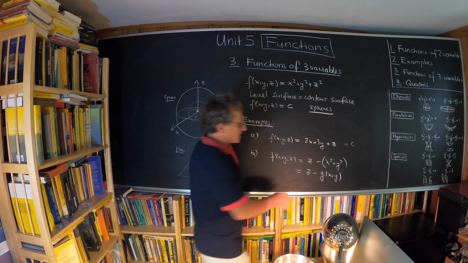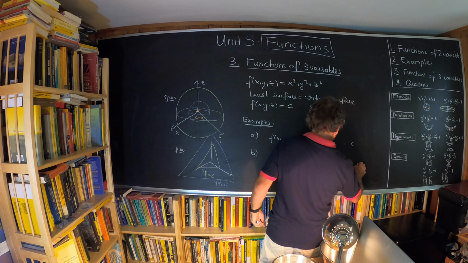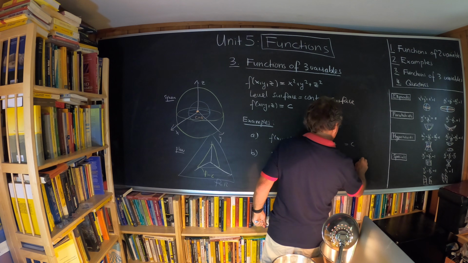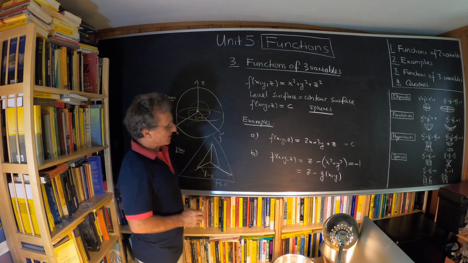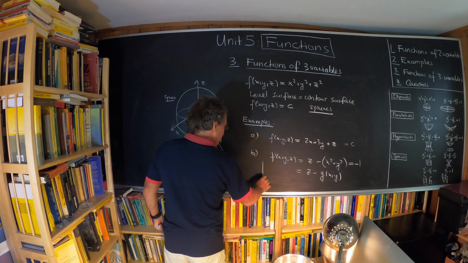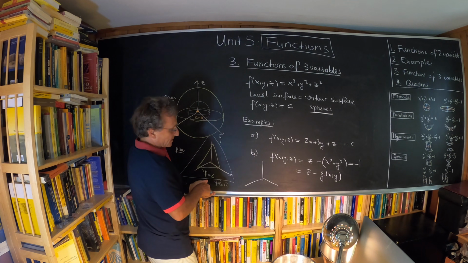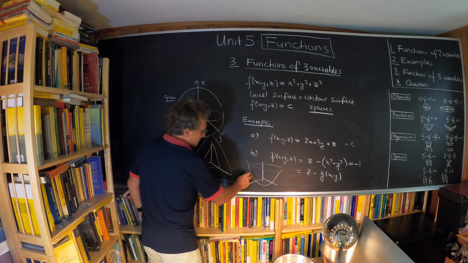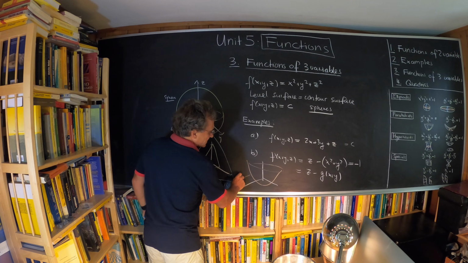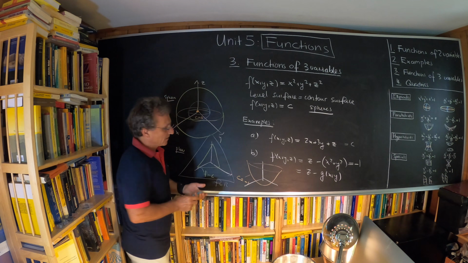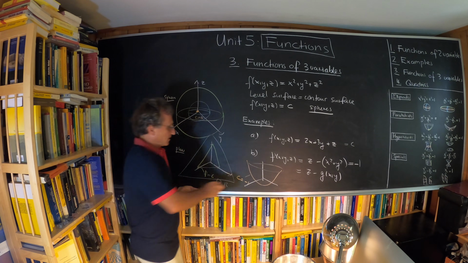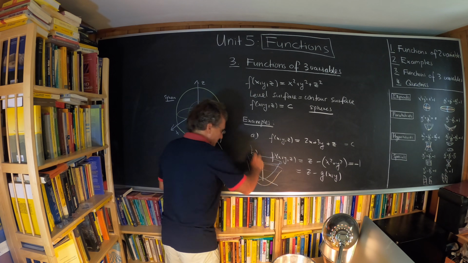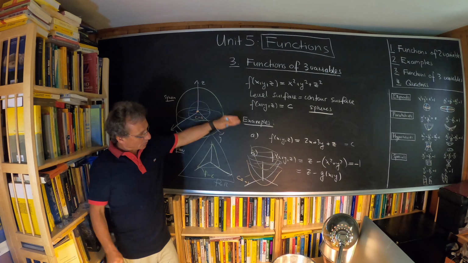So in this case, if this is equal to 0, or equal to -1, we have already seen what the level surfaces are. In this case, the level surface we have already seen is a paraboloid, which is kind of below. So this is when c is equal to -1. When c is equal to 0, then we have a paraboloid which is going up a little bit. So we see different paraboloids.